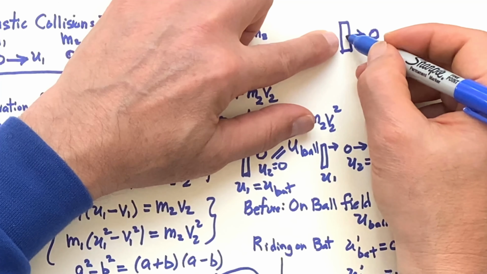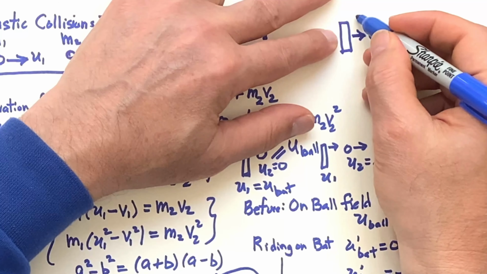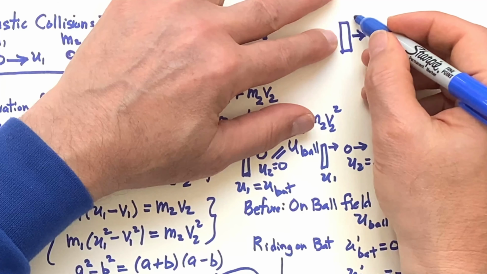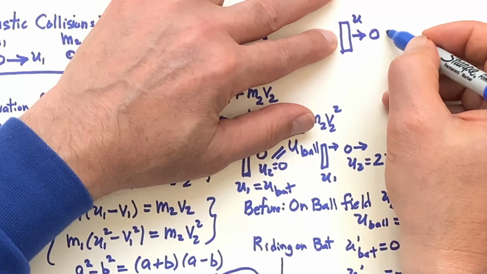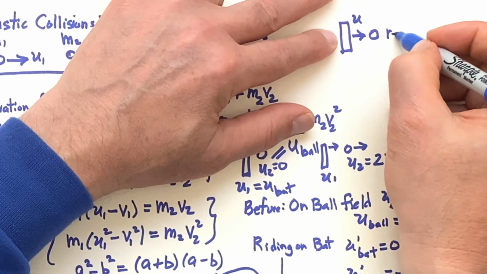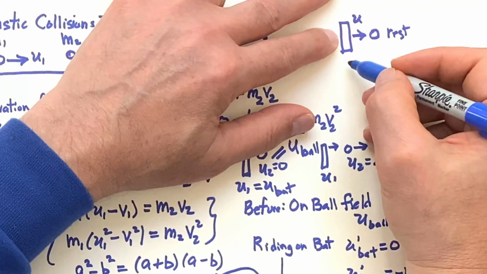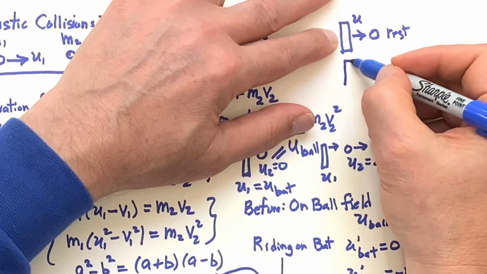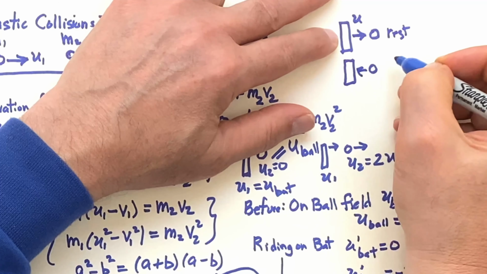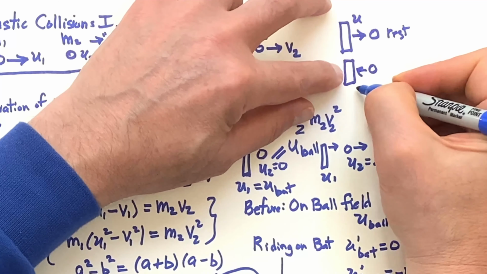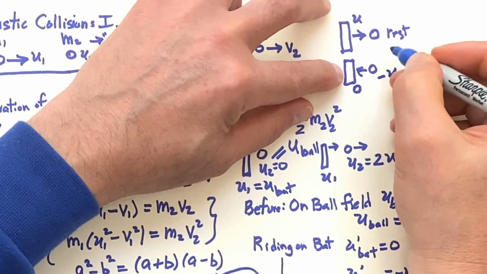So when the wall moves toward the ball, the wall is traveling at velocity u, and the ball is at rest. Then, if you're in the frame of reference of the wall, you see the ball coming toward you. So 0 for the wall and minus u for the ball.